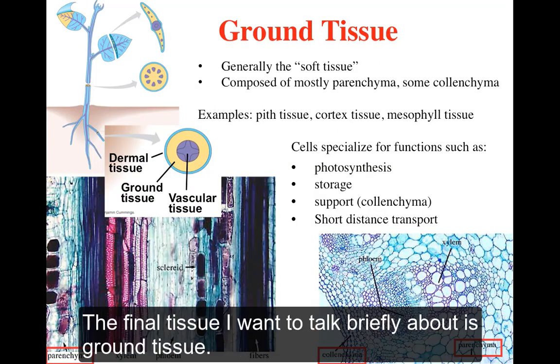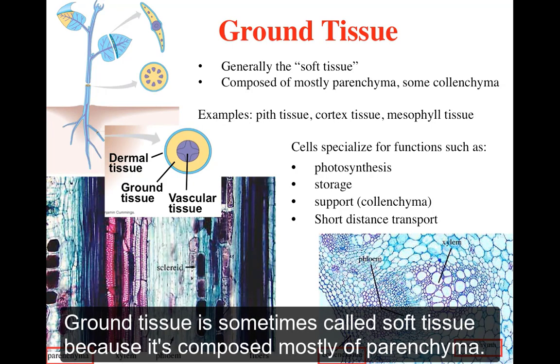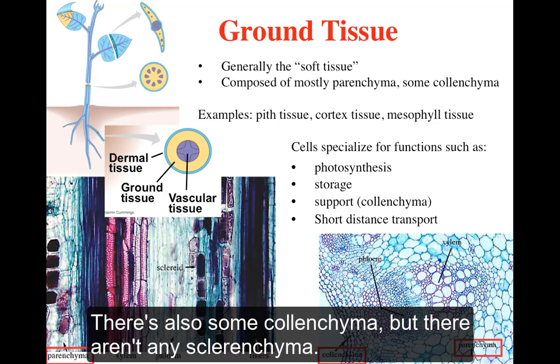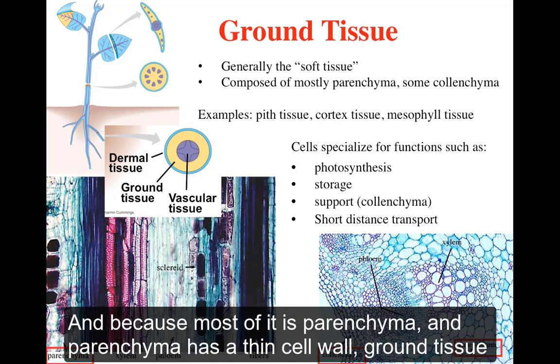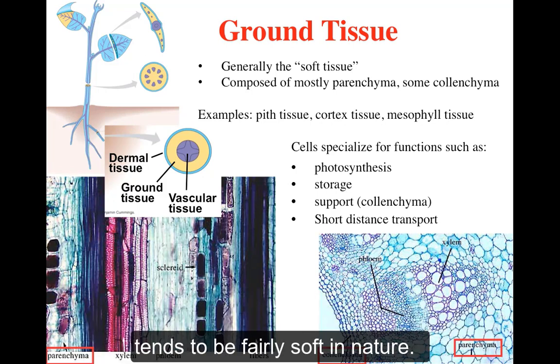The final tissue I want to talk briefly about is ground tissue. Ground tissue is sometimes called soft tissue because it's composed mostly of parenchyma. There's also some collenchyma, but there aren't any sclerenchyma. And because most of it is parenchyma, and parenchyma has a thin primary wall, ground tissue tends to be fairly soft in nature.